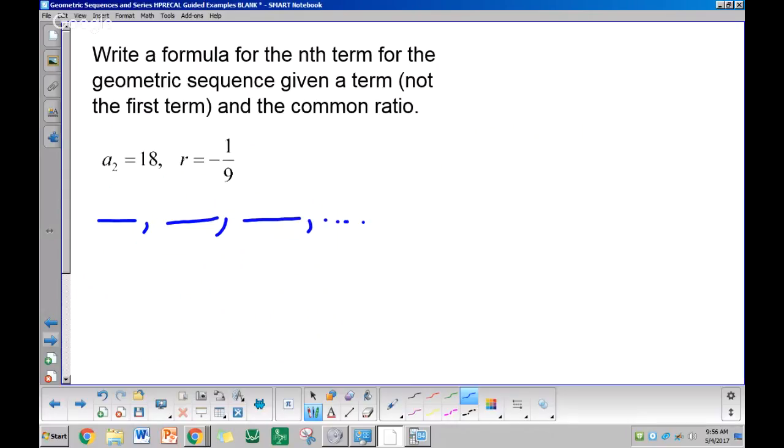They're giving us an n: n is 2, and a sub 2 is equal to what? A sub 1, which we don't know, times negative 1/9 to the first, because it's 2 minus 1.